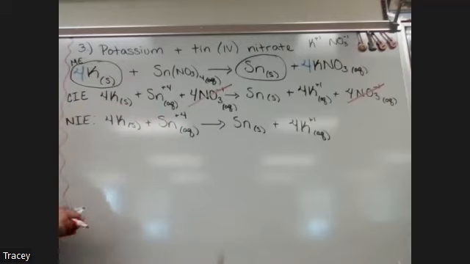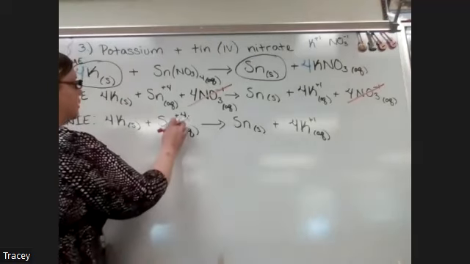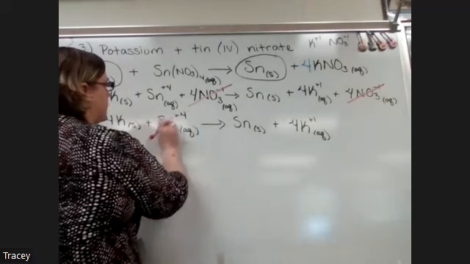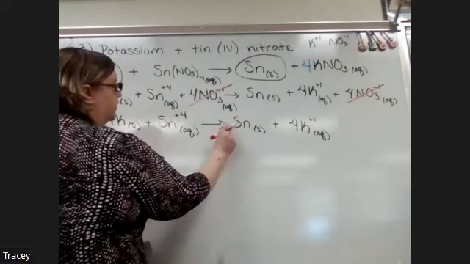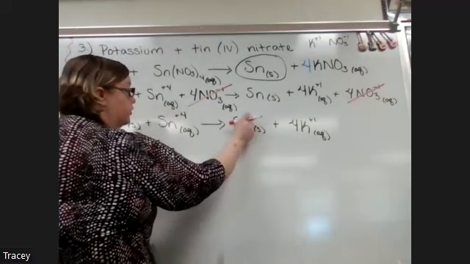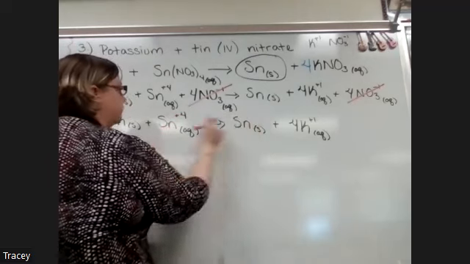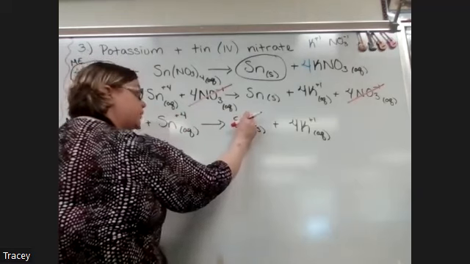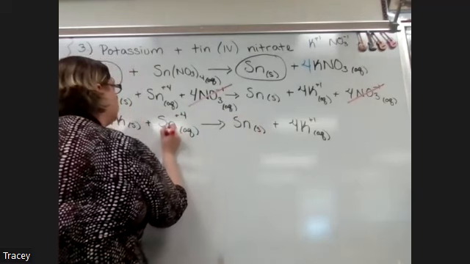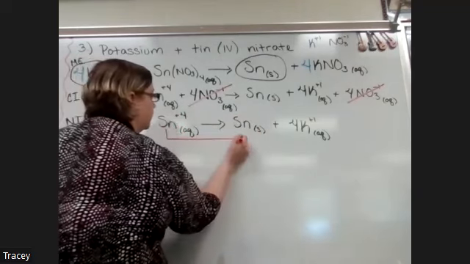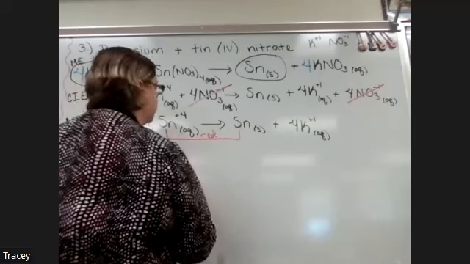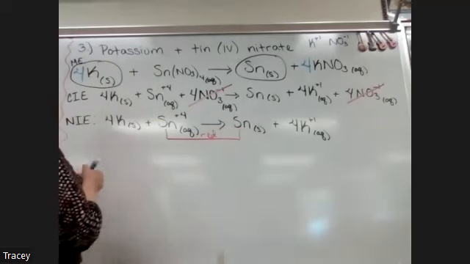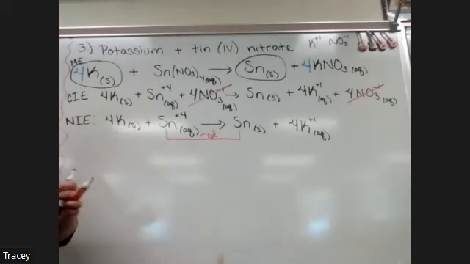Let's just make sure, don't just take my word for it. Sn +4 yields Sn solid neutral. So Sn +4 yields Sn 0. In fact, the charge went down, so the Sn was reduced. That means the potassium must have been oxidized.